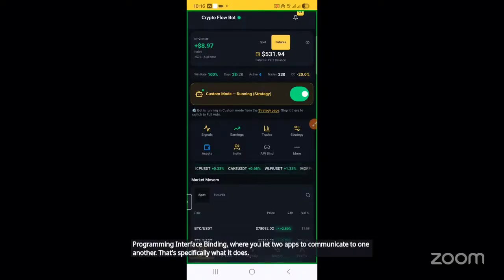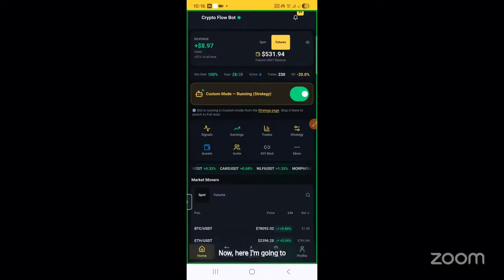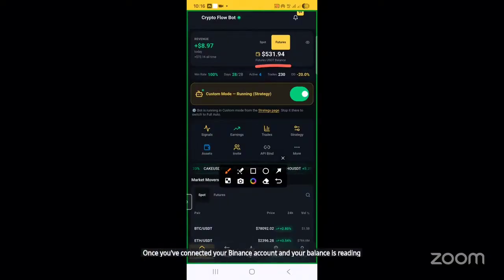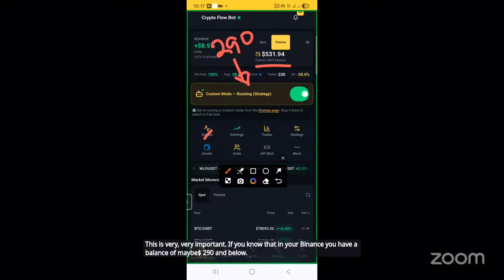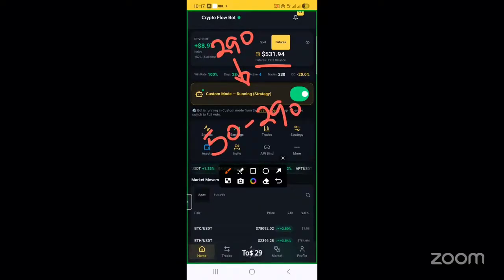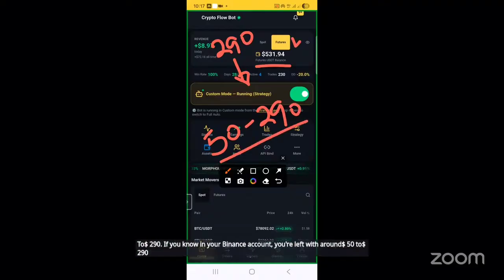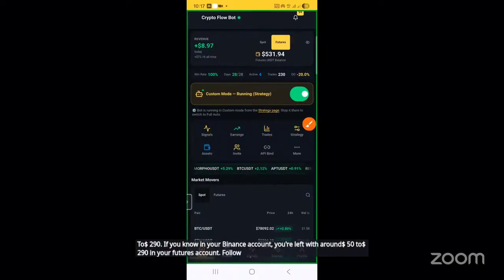Now, here I'm going to move very slowly. Once you've connected your Binance account and your balance is reading here, this is very, very important. If you know that in your Binance account you're left with around $50 to $290 in your futures account, follow these exact steps.